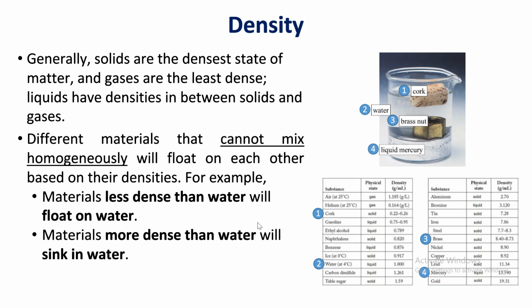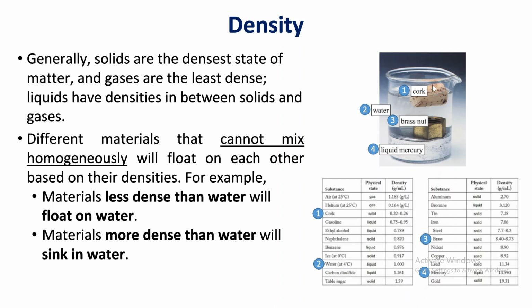Now, generally, solids are the densest state of matter, and gases are the least dense, and liquids have densities in between. Now, this word homogeneous we talked about earlier, so we say different materials that cannot mix homogeneously will float.